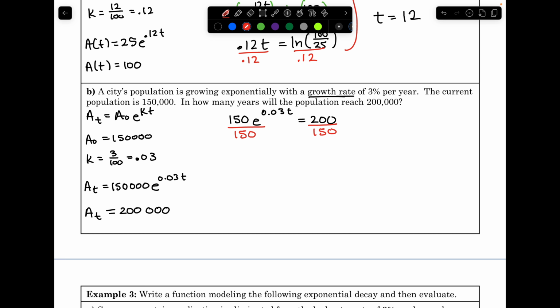When I divide the 200,000 by the 150,000, those zeros are just going to reduce themselves out. So for simplification purposes, I'm going to do that already. I won't simplify it any further because I want you to see something here.